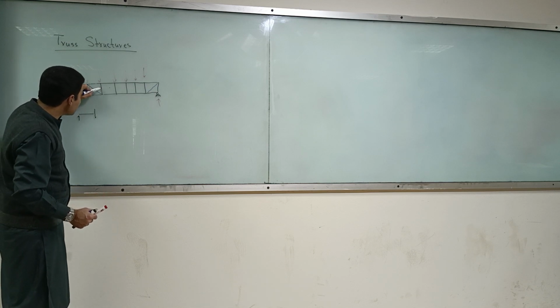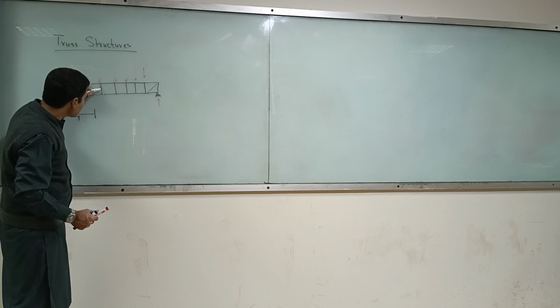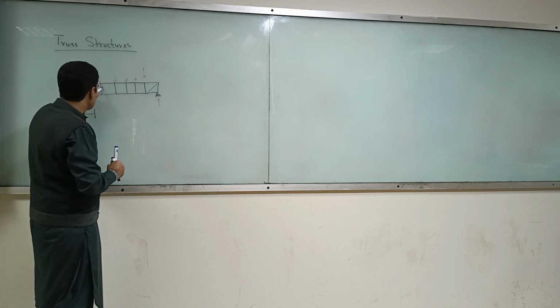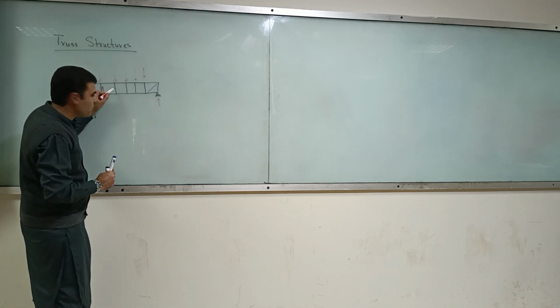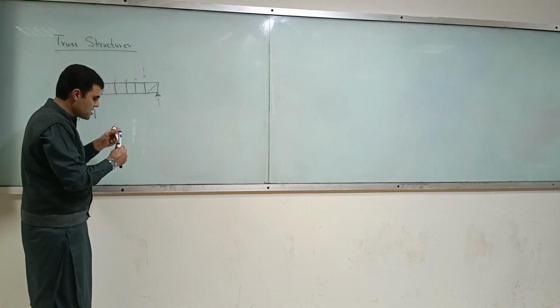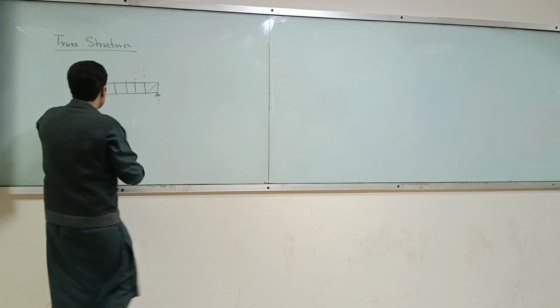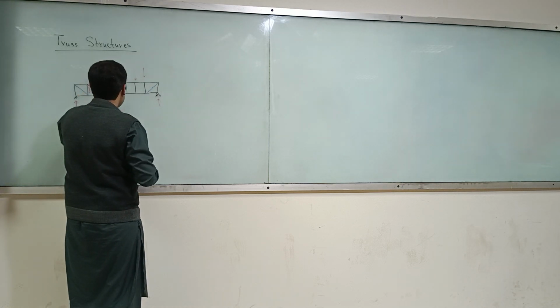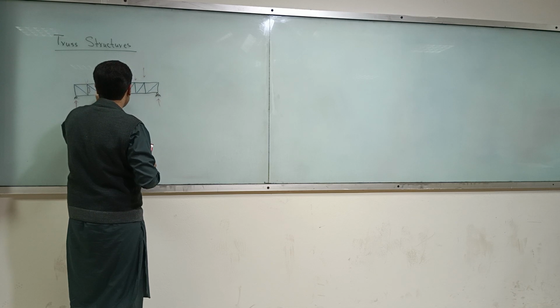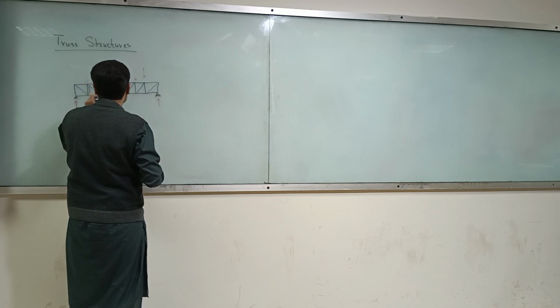Now over here, slightly beyond this link would be in upward direction. And summation of Fy in downward direction. So similarly, in this case, I will have something like this. 1, 2, 3, 4, 5, 6.